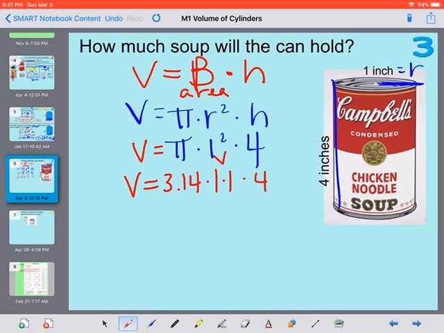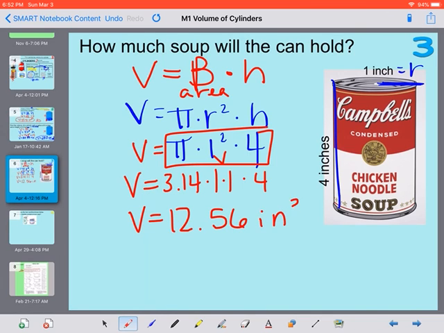It will give you the same answer. Or plug it in just like it's written. That gives me a volume of 12.56. We're talking about inches, and we're looking at a three-dimensional shape, inches cubed, because we did inches times inches times inches.